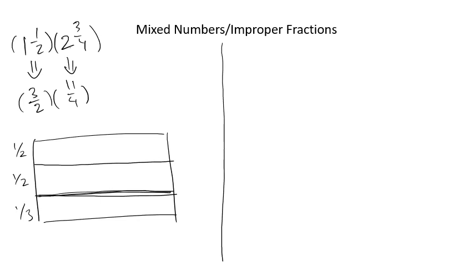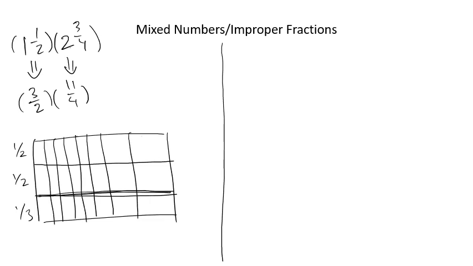And the same thing is going to happen over here for the fourths. I've got 1, and then 2, 3, 4. So that should make 11. So we've got 1, 2, 3, 4, 5, 6, 7, 8, 9, 10, 11.